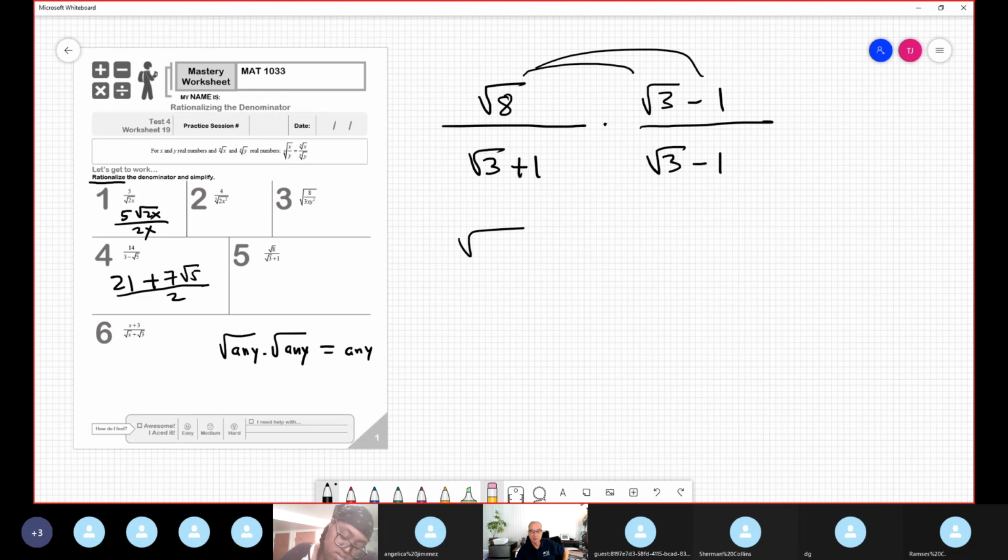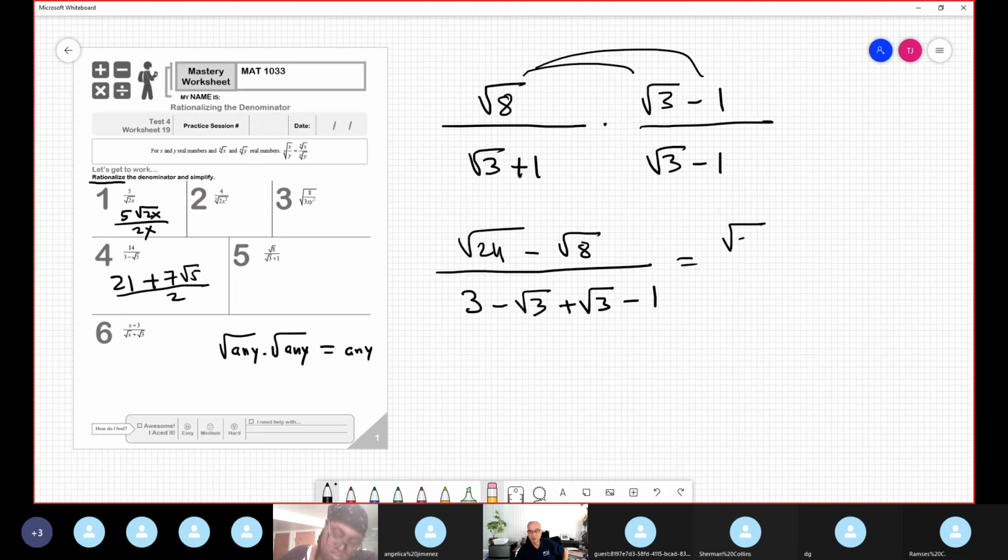Radical 24 minus radical 8, divided by, in the bottom, radical 3 times radical 3 is 3, minus radical 3 plus radical 3, minus 1. This cancels out, and 3 minus 1 is 2.